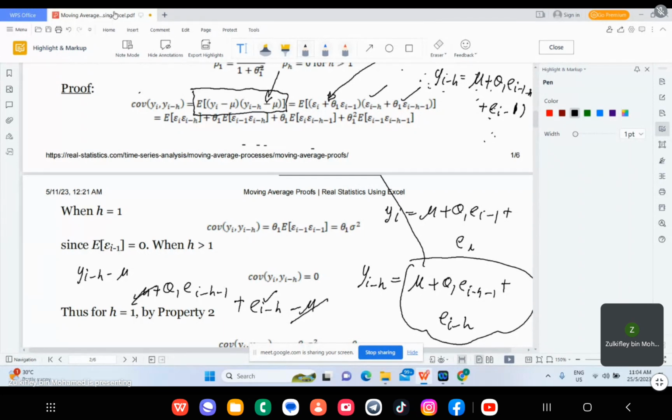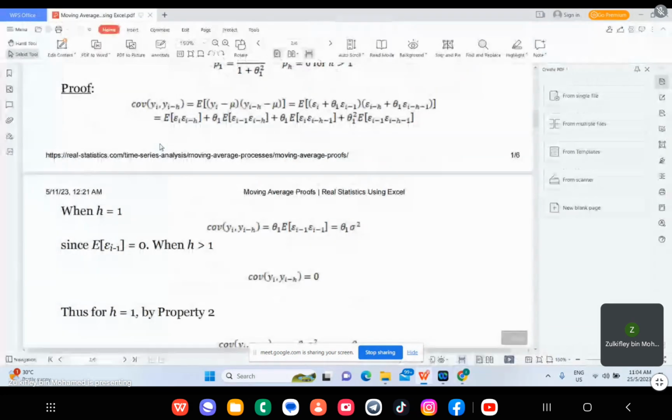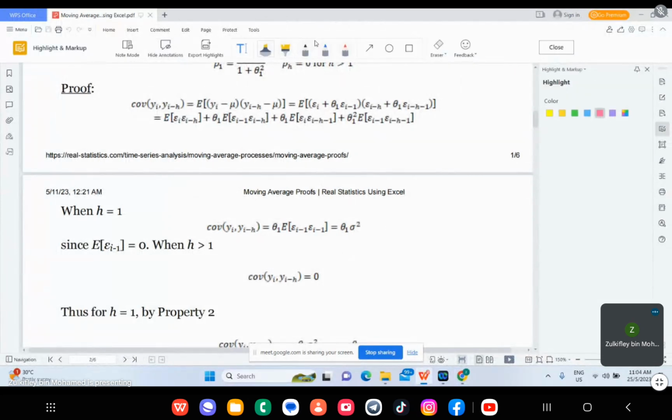After you get this, you expand this one. So epsilon i multiplied by epsilon i minus h is epsilon i epsilon i minus h, this part. Then epsilon i and theta 1 epsilon i minus h minus 1 is theta 1 epsilon i epsilon i minus h minus 1, this part.